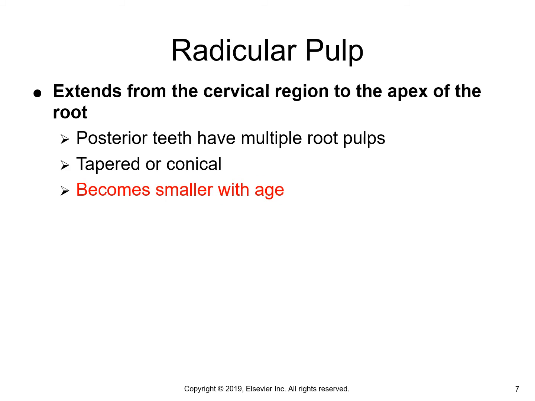Radicular pulp extends from that cervical region where the coronal pulp stops, and it will continue on down through the root, whether that be a single rooted tooth like an incisor or a multiple rooted tooth like a posterior tooth. It can be tapered or conical, and again, it also becomes smaller as we age.